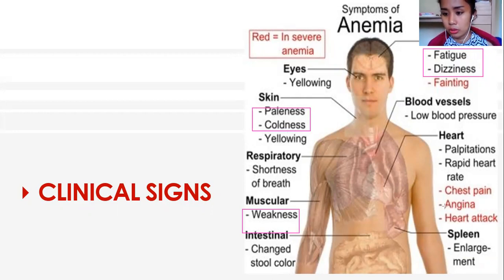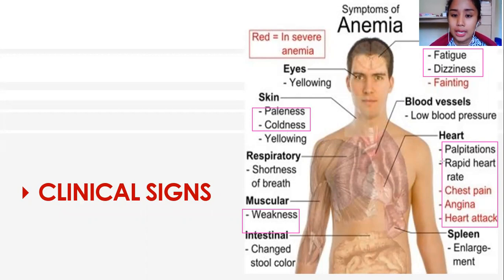But as we go on, class, it's very common to have palpitations and rapid heart rate, because the body is compensating for the need for more blood, more red cells. Palpitation, chest pain, angina, class. Heart attack is worse, so I won't go that far; up to angina, there are heart murmurs and pain in the chest.